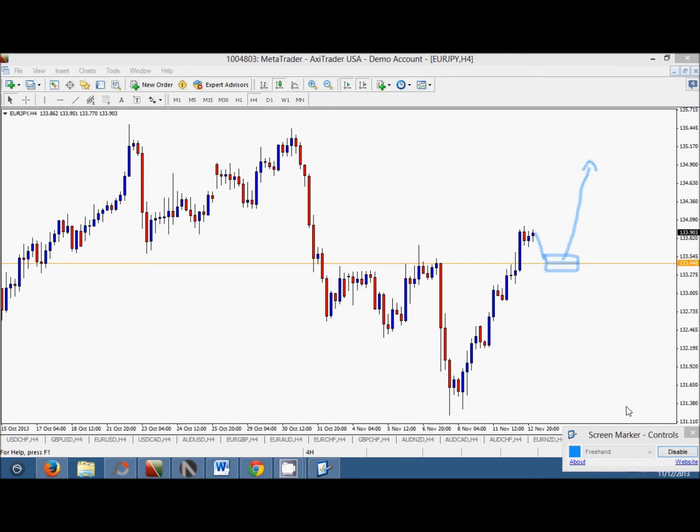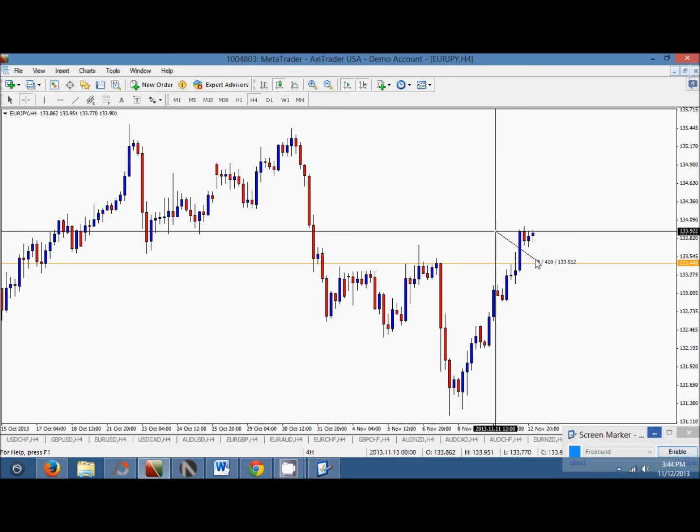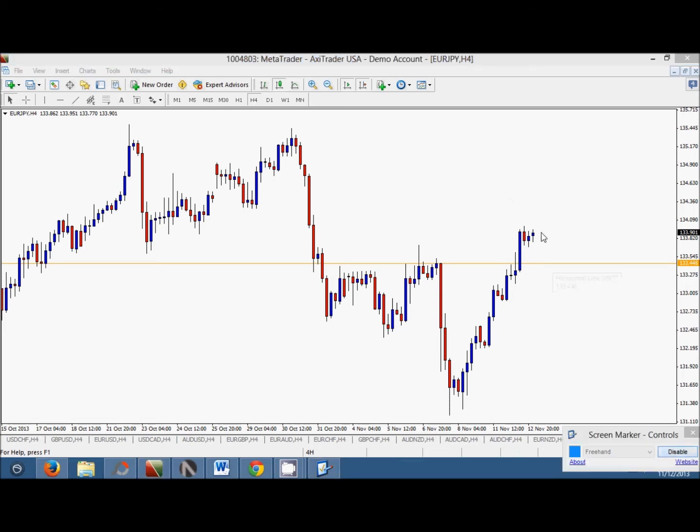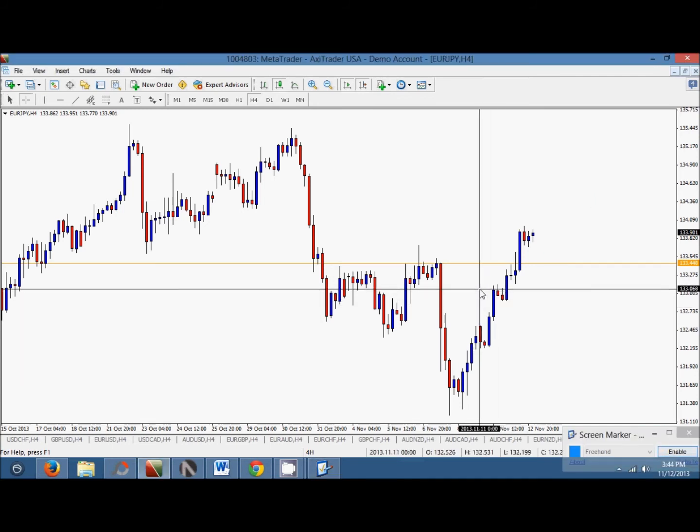Now that'd be ideal. The only thing that's not too ideal about this is that prices are already up here, so they would have to retrace about 45 to 46 pips to come all the way back to this line. That's a pretty far retrace, and 50 pips is a long way to retrace and then continue back up. As you can see, this retrace right here was only 17 pips.